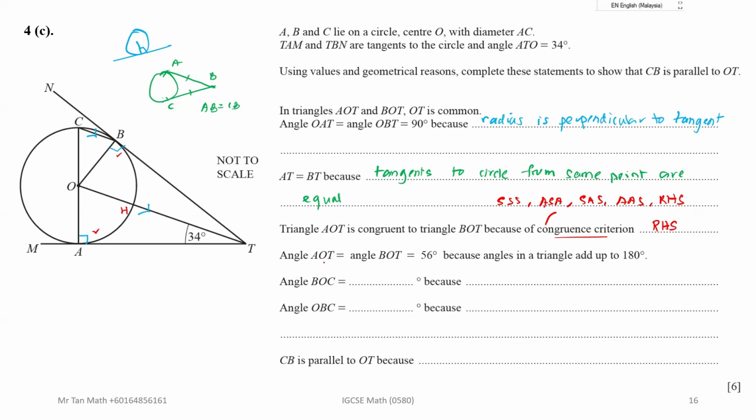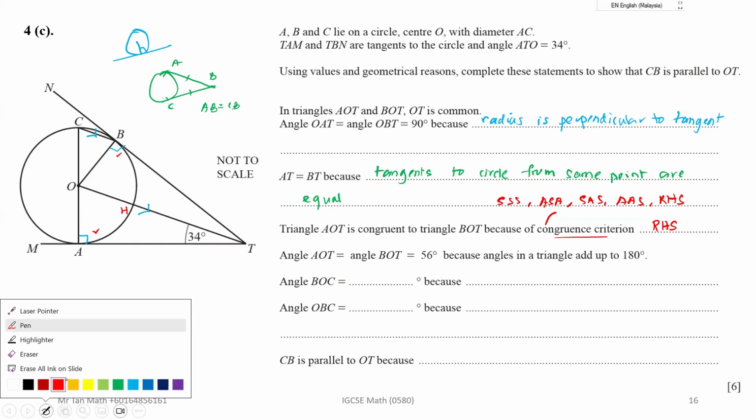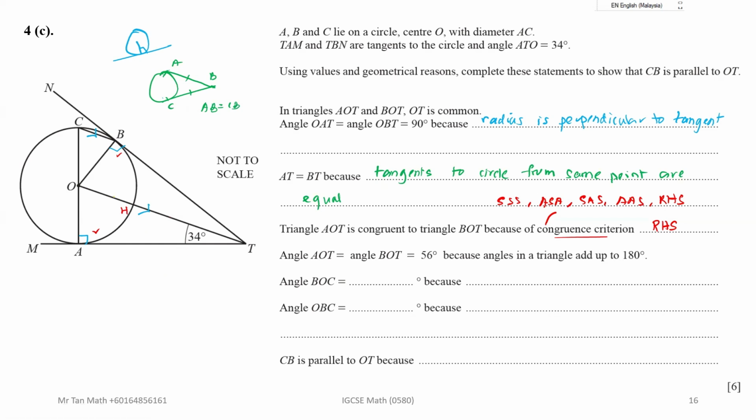Angle AOT equals angle BOT equals 56 because angles in a triangle add up to 180. So with 34, just calculate here: this should be 56. Angle BOC, then this also will be 56 because these two triangles are congruent.